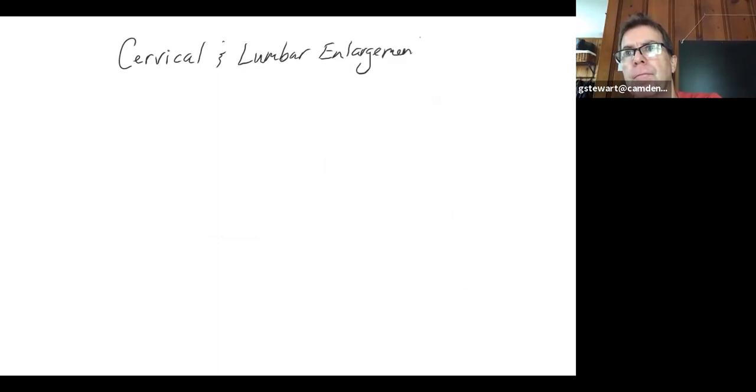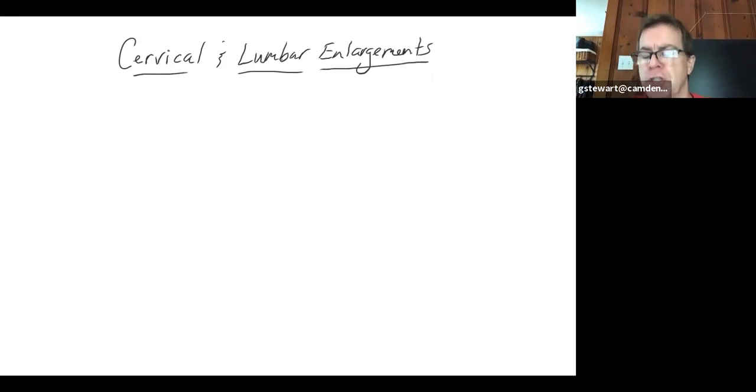There are things called cervical and lumbar enlargements. These are enlargements of actual neural tissue.